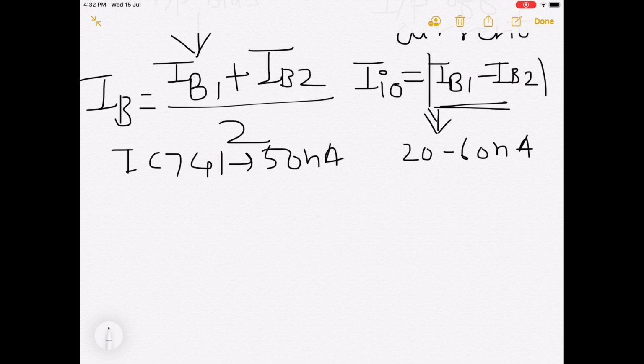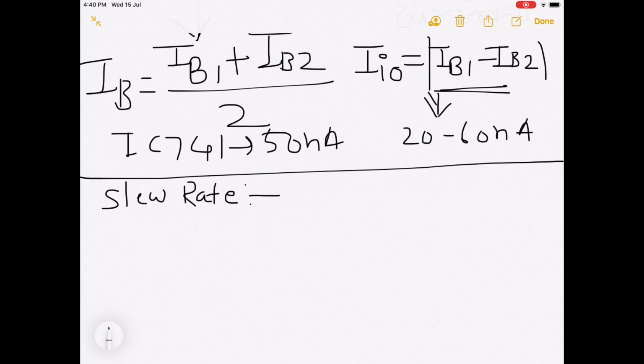Next parameter is CMRR, and yes, next parameter is slew rate. It is the maximum rate of change of output voltage per unit time. It is defined as the time rate of change of closed loop amplifier's output voltage under large signal conditions.